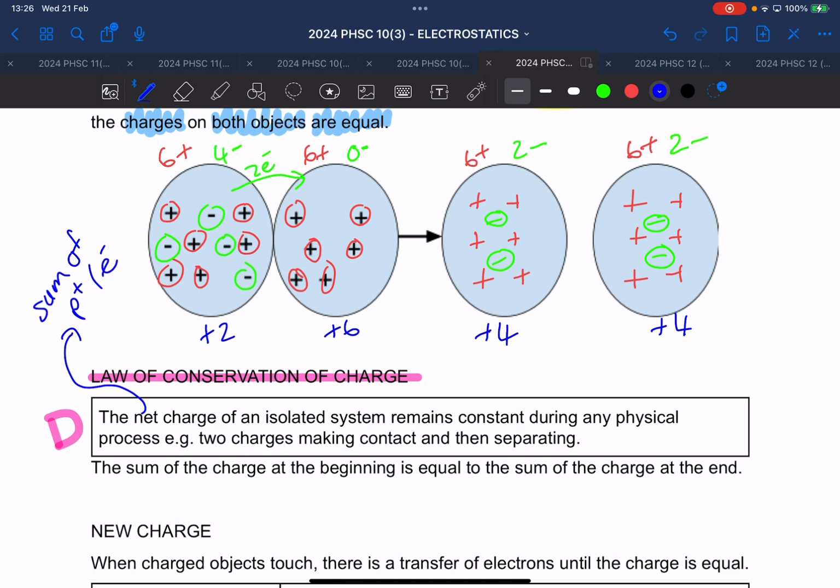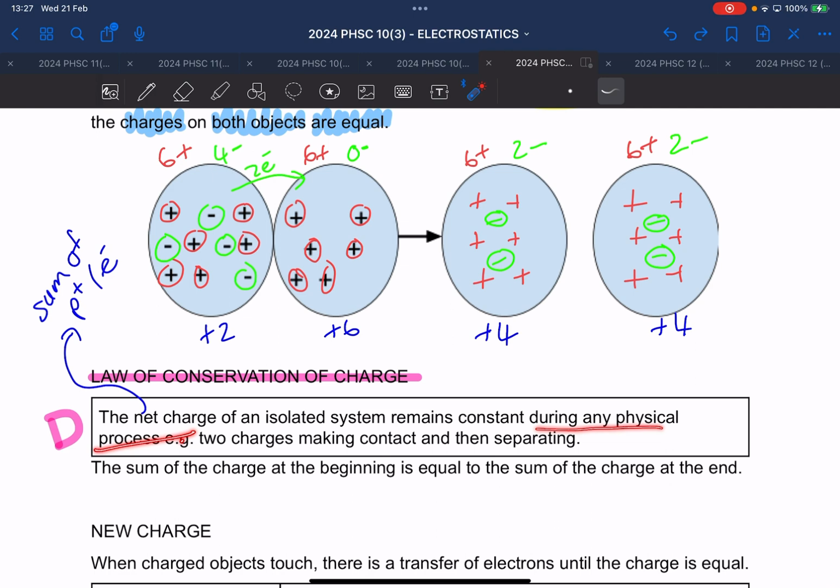What does isolated mean? It means alone. There's no external things coming in from outside. So we are only working in isolated systems. We do not want an outside force to take away an electron. We want it to be protected. So the net charge of an isolated system remains constant during any physical process.